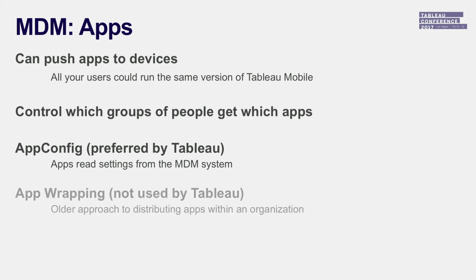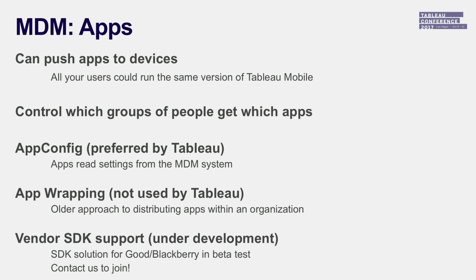There are a couple of different vendor-specific solutions. One is called app wrapping, and it's pretty heavyweight, and so Tableau hasn't really tried to get that running. But the other one, which we are working on right now, is called SDK support, and that's where we incorporate a library from a particular MDM vendor into our app, and then that allows that vendor to take more complete control of the app and the facilities.